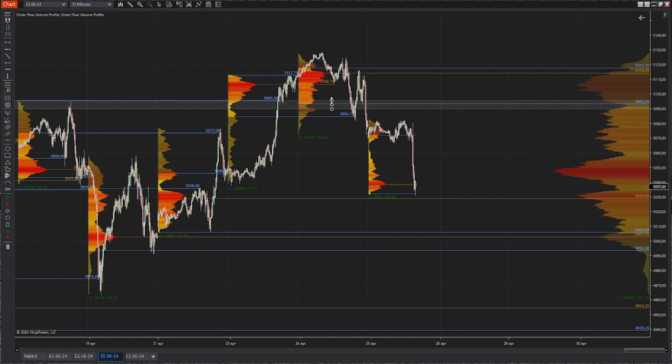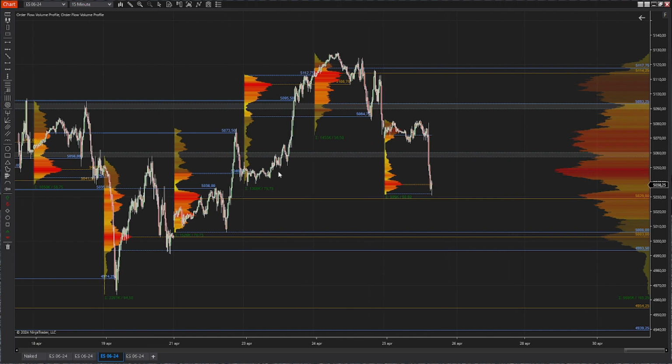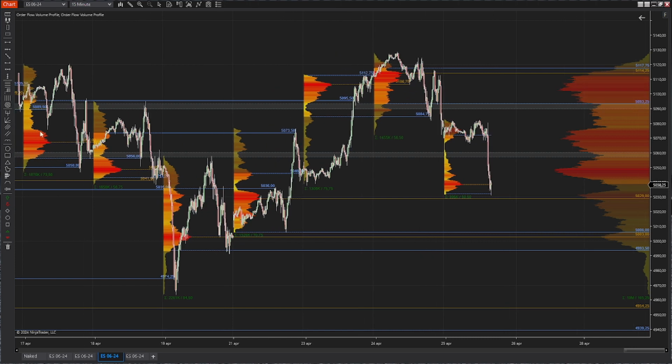Why? Because of what I've told you guys before. We have this gap, we have this entire distribution, we have a gap right here as well. So let's say this could be a valid zone, and we can roll back and check, could this be a valid zone?